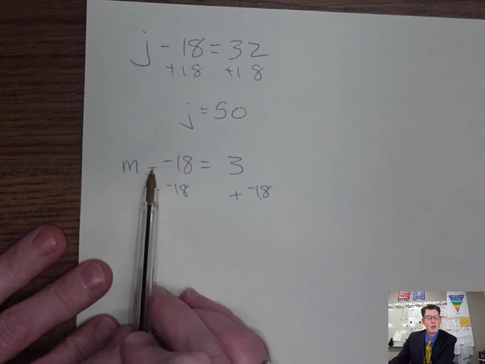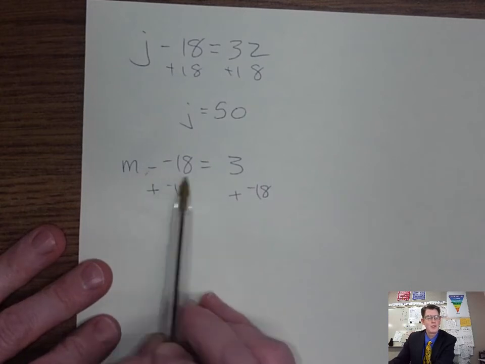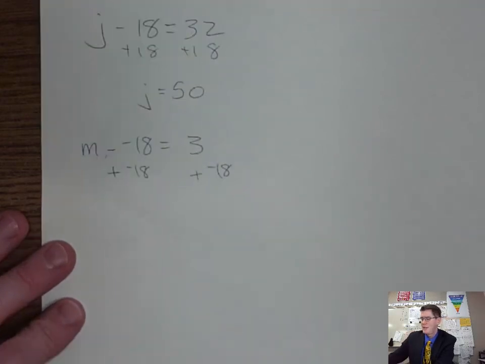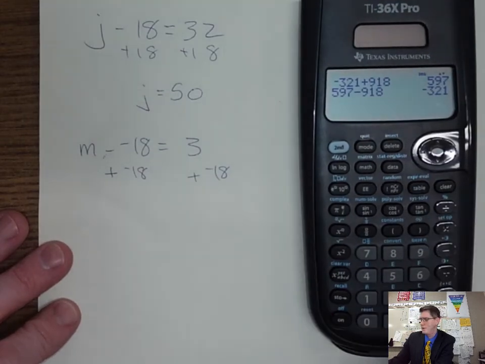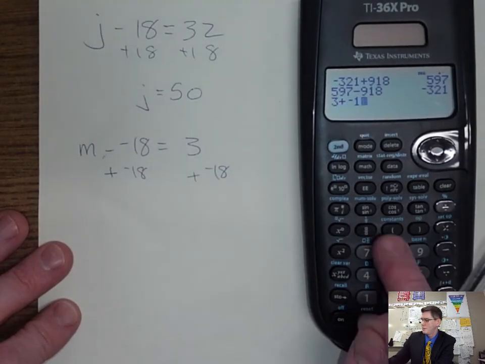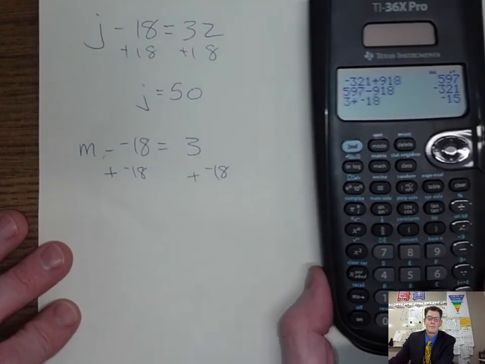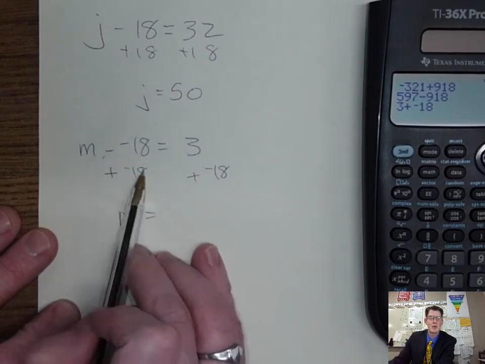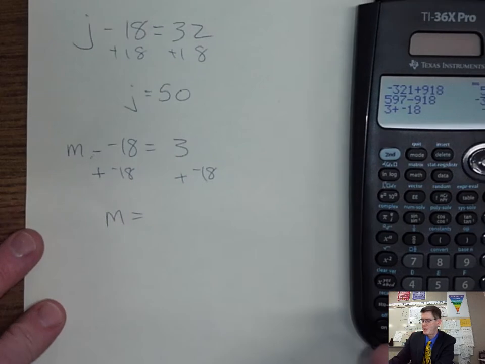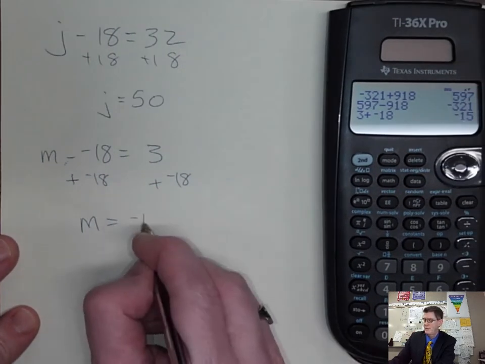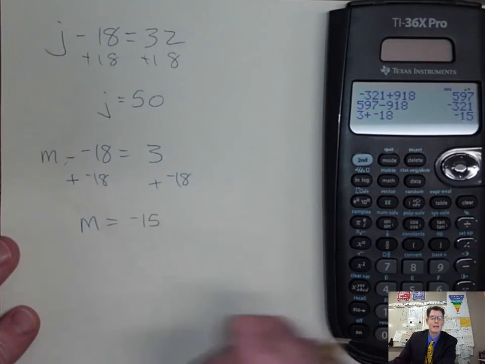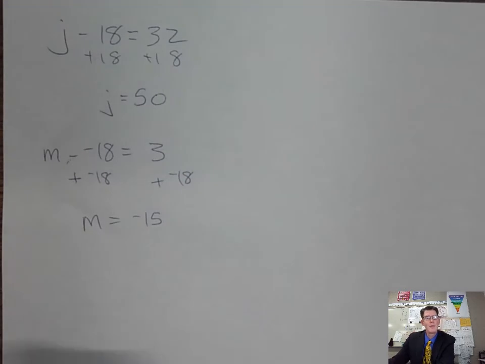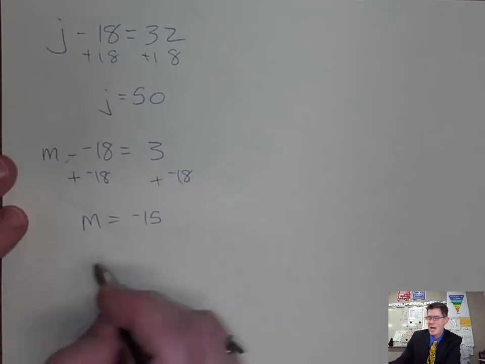Just do the opposite with the same number, and then just type in 3 plus negative 18 to your calculator, and you'll have the answer. Negative 15. So M is all alone right here because these go to 0, and 3 plus negative 18 is negative 15.